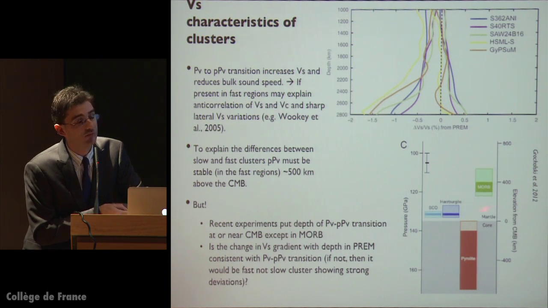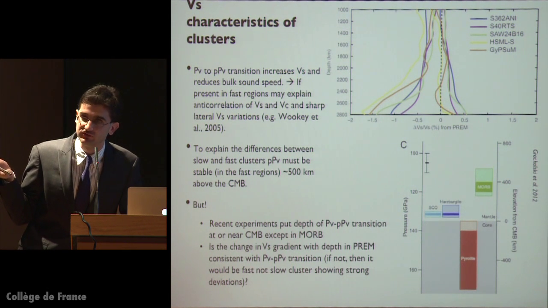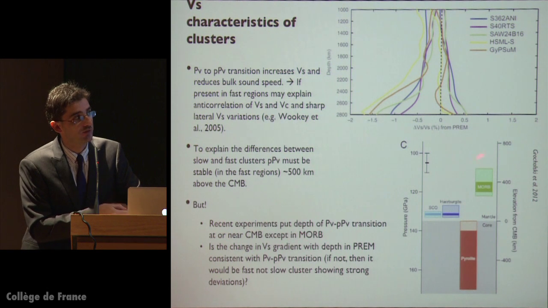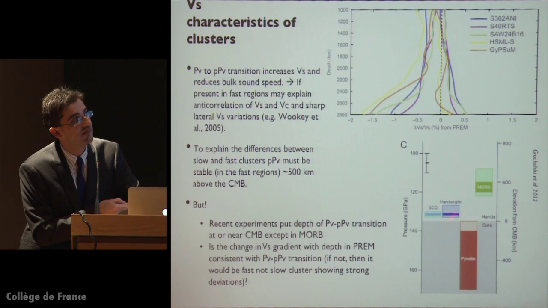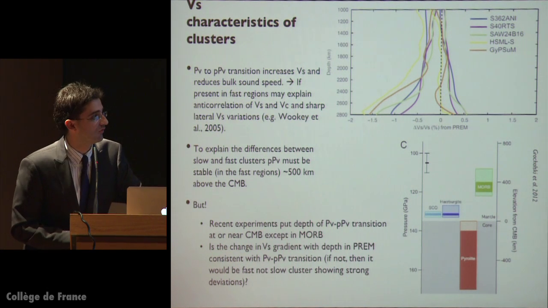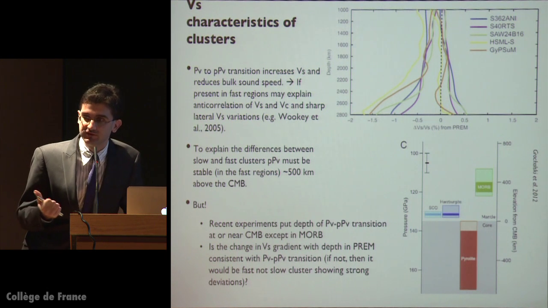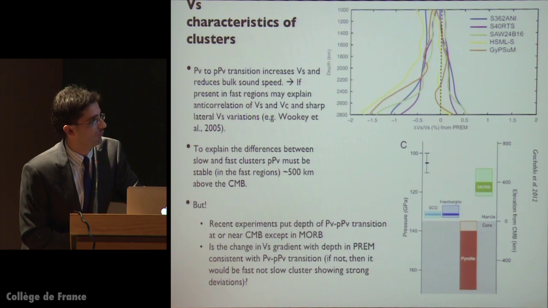Only in a MORB-like composition does the transition occur a couple of hundred kilometers up, and even there, it's not obvious that it's high enough above the core mantle boundary. So that's one observation that perhaps the mineral physicists could tell us more about.